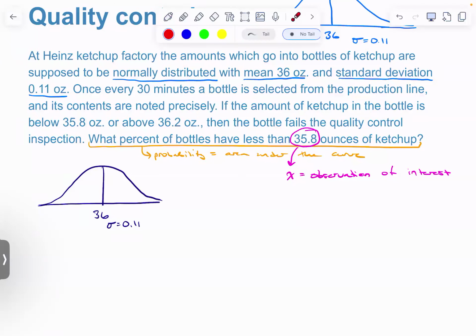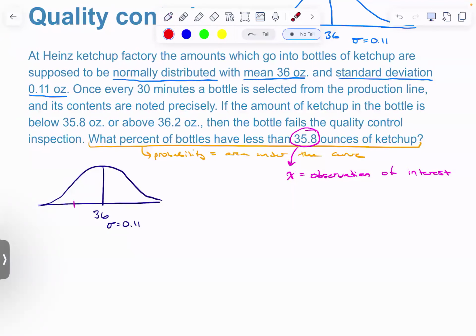This down here is a number line, and this is the amount of ketchup in the bottles. So I'm just going to put 35.8 here. It's a little bit tricky because usually in the beginning you want to be so particular about where you put this, but we're only drawing the curve so that we can visualize the area that we want.